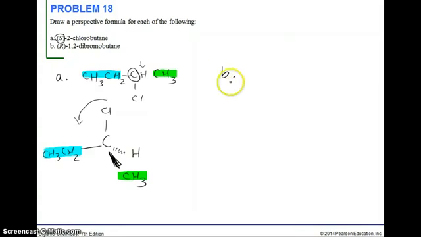Now for B, again, let's draw out the structural formula. 1,2-dibromobutane. We know we have 4 carbons, and we have a bromine here and a bromine here. And then I will fill in my hydrogens.